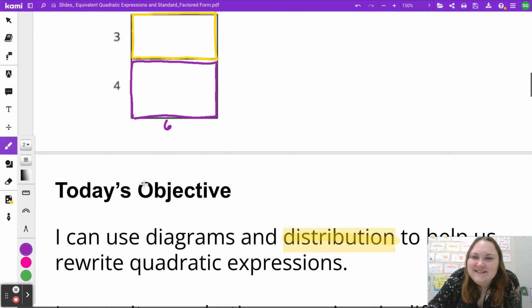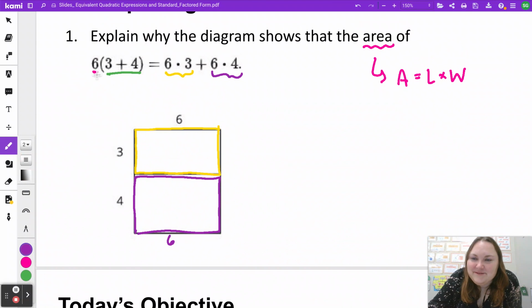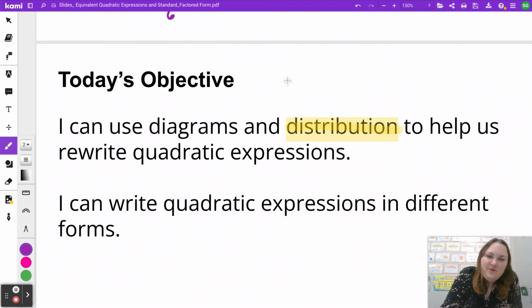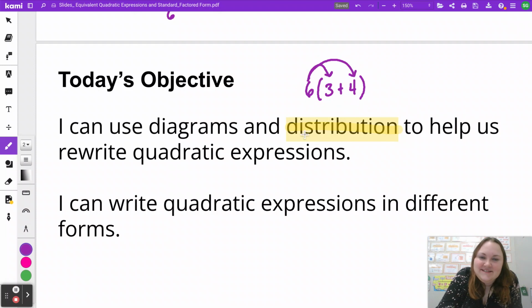To give you an idea using this problem up here with 6 times 3 plus 4, distribute is what you call it when you take something outside the parentheses and multiply it to what is inside parentheses. We've seen this a lot with variables, but you can also do it with numbers like this and say, well, 6 times 3 is 18 and 6 times 4 is 24. We call that specific multiplication distributing.